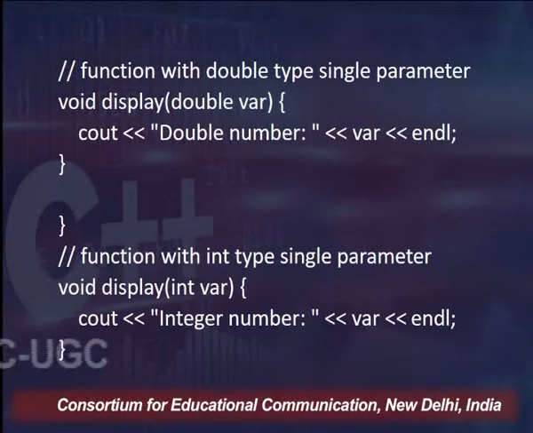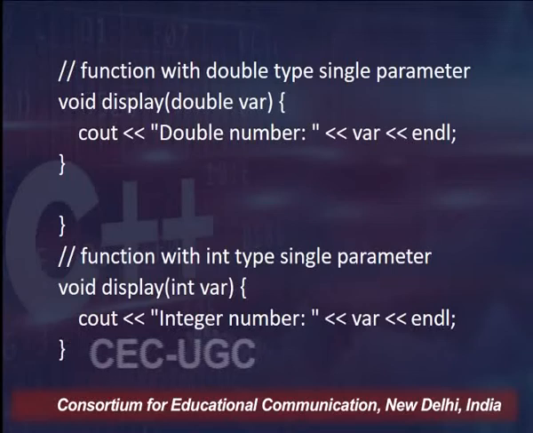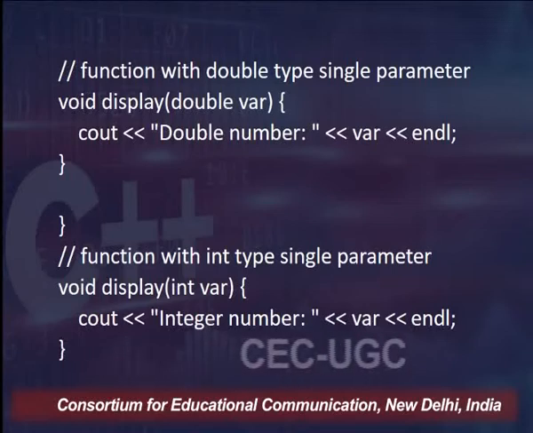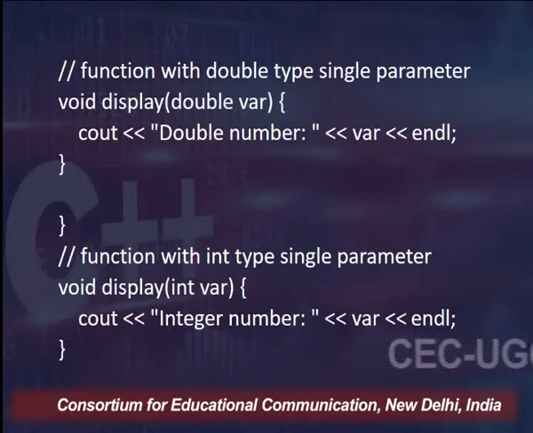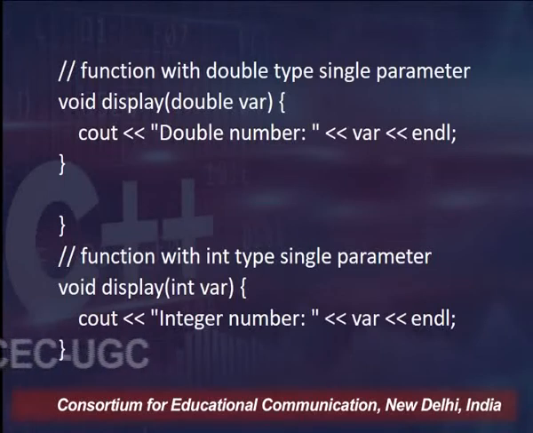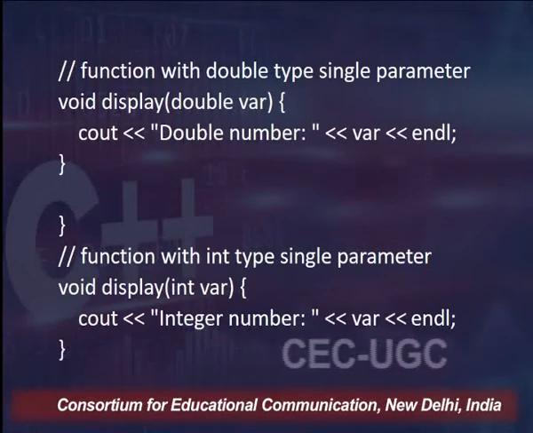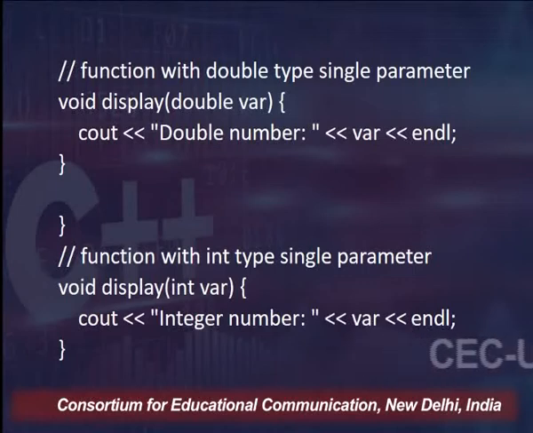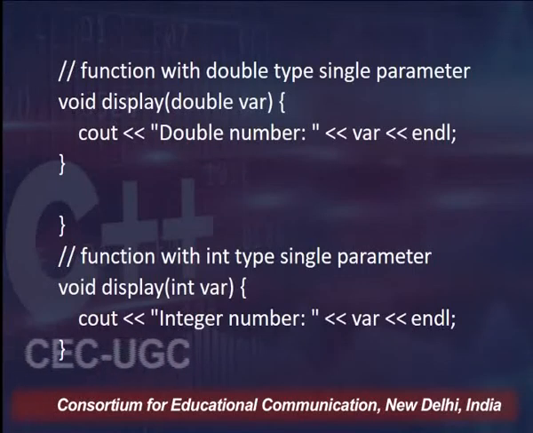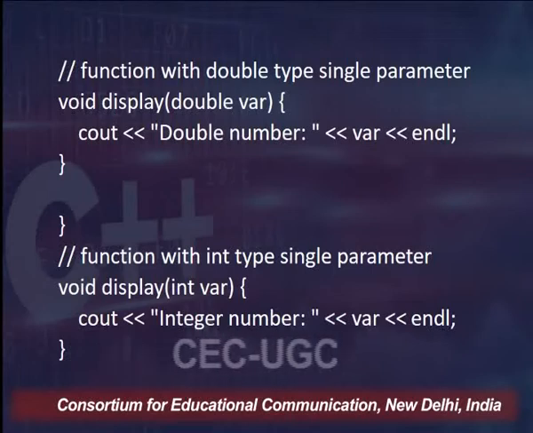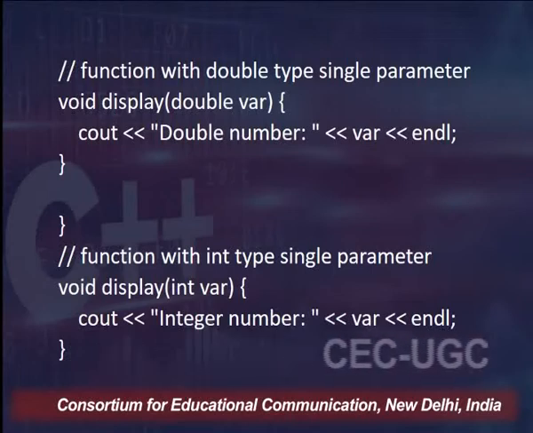Now we have two versions of display, one with integer and double, another with only double. And in the next version of display, which is again an overloaded function, we take display with int var. This takes one integer variable and displays it as an integer.